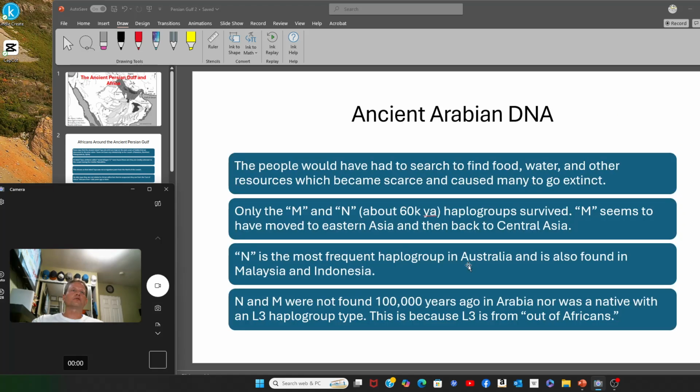N and M were not found 100,000 years ago in Arabia, nor was a native with an L3 haplogroup type. This is because L3 is from Outer Africans.